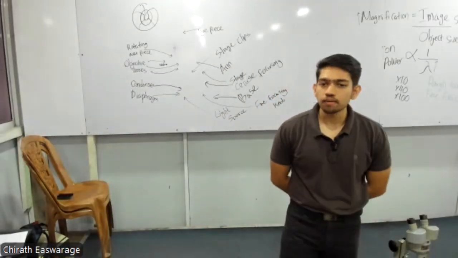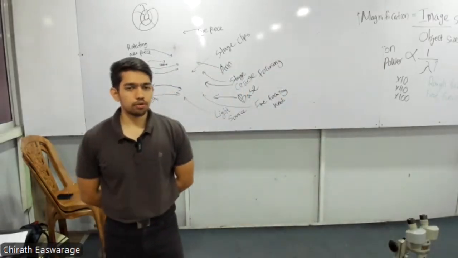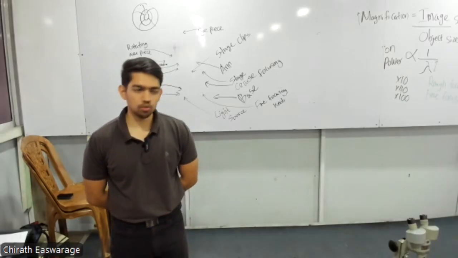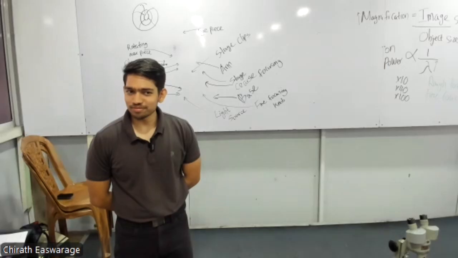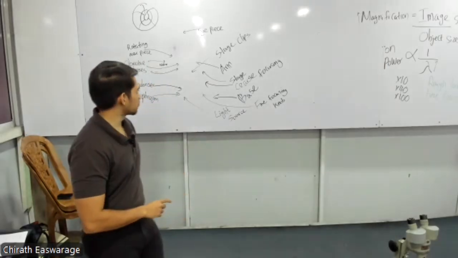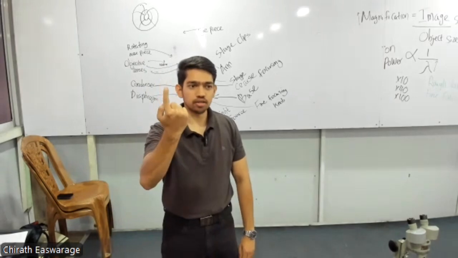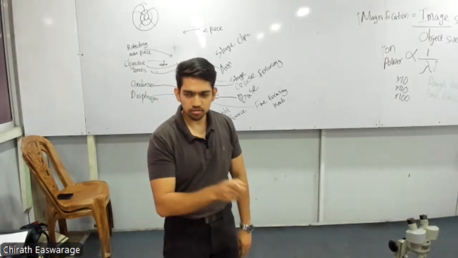Then what's the next part? Eyepiece. What do you know about the eyepiece? Is it magnifying first or second? Imagine the light is coming from what direction? Down to your eye. So which is the lens that is first magnifying? Objective.